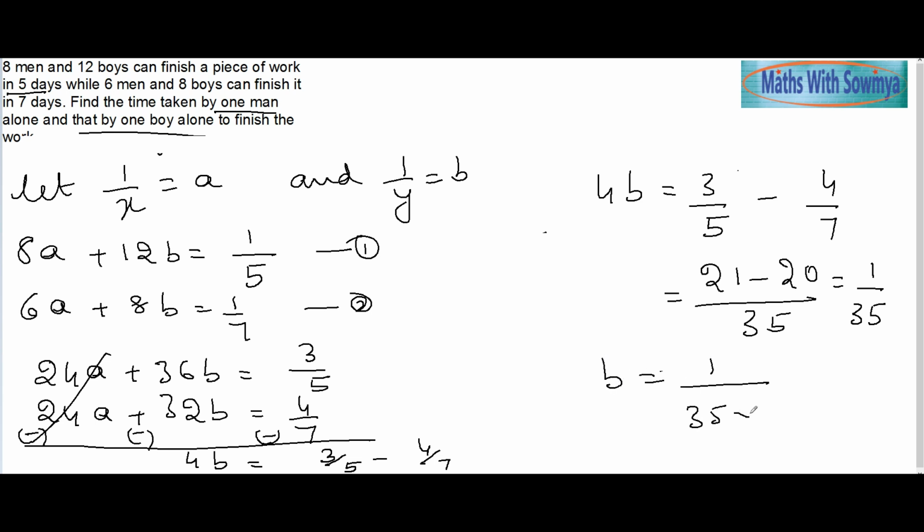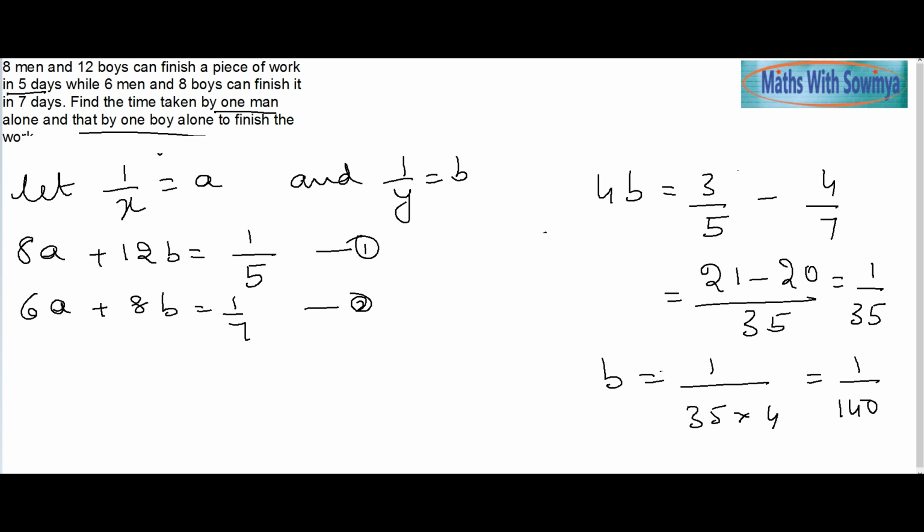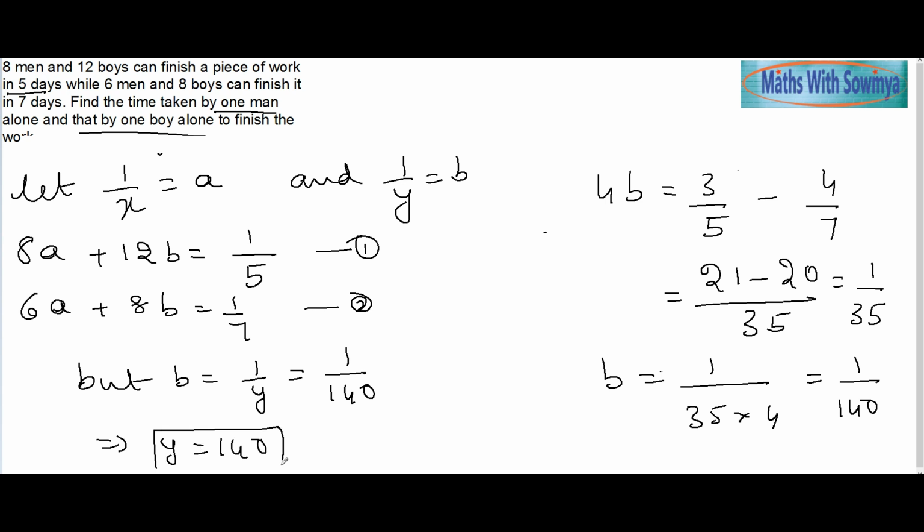So b is 1 by 35 into 4, which gives 1 by 140. But b is 1 by y, which is 1 by 140, which implies y is equal to 140. What is y? The number of days taken by boys alone.